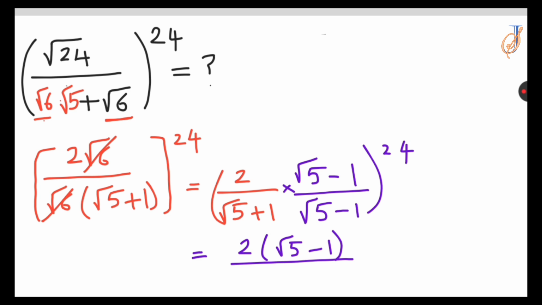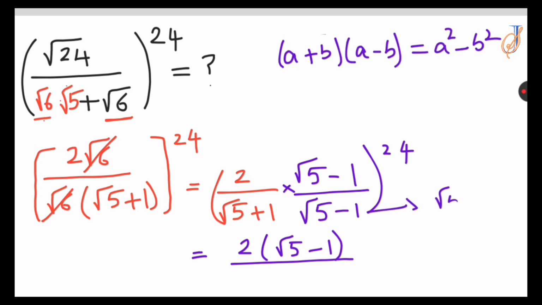The formula is a square minus b square. Here we have root 5 whole square minus 1 square. Here square and square root gets cancelled, so you are left with only 5. 1 square is 1 only, so 5 minus 1 is 4. So the denominator turns into 4.